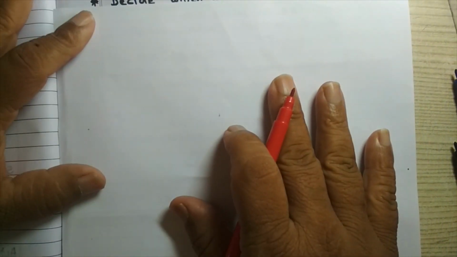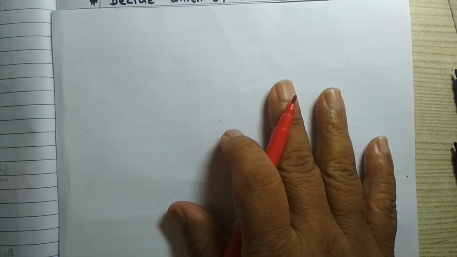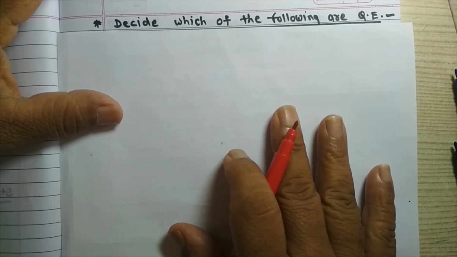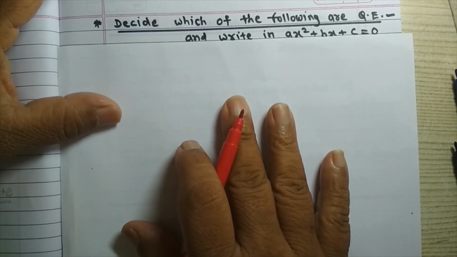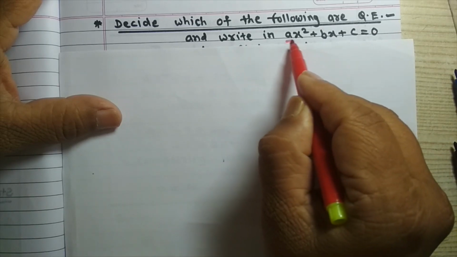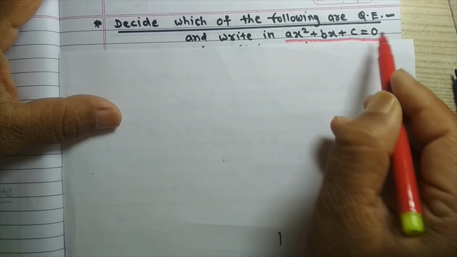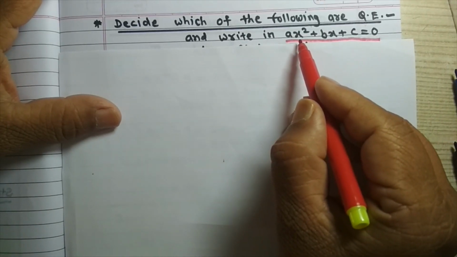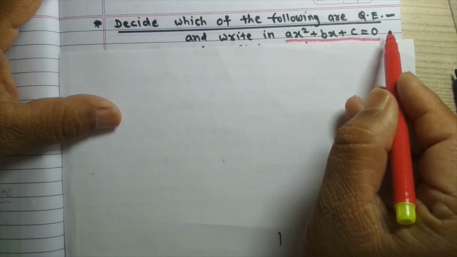Next we have to decide which of the following are quadratic equations. We have to see which are quadratic equations first, and also write the equation in the form ax square plus bx plus c is equal to 0. That means all terms must be taken to the left side of the equality and the right side becomes 0.